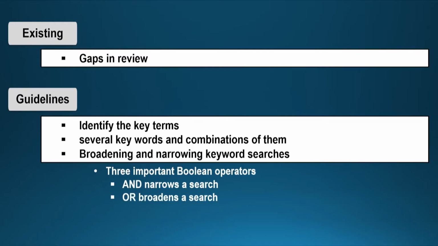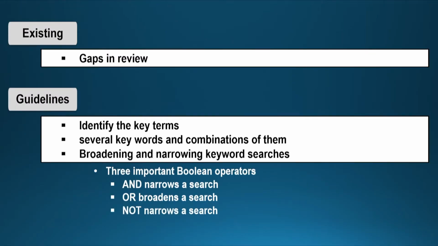And OR can be used to broaden a search. For example, intelligence can be used in a study or intellectual ability can be used, so I can put intelligence OR intellectual ability. All those studies which have included either of these variables would appear. NOT can be used to narrow a search.